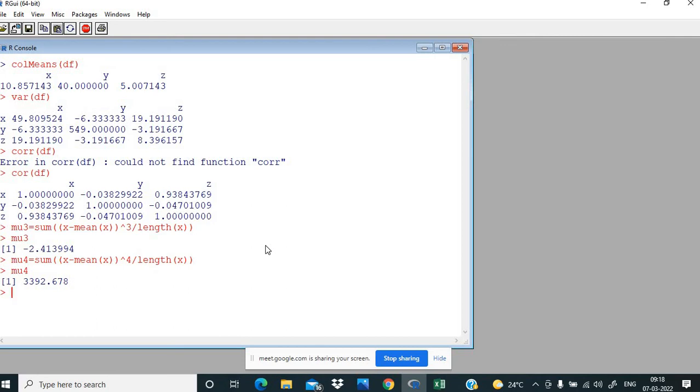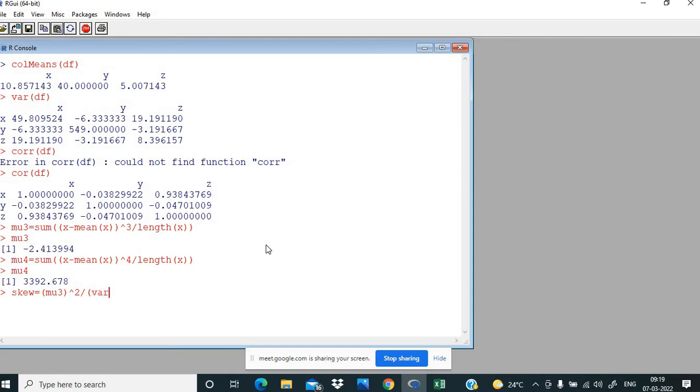Now what is skewness? Skewness is mu3 square by mu2 cube. Mu2 means variance of x. So skewness equals mu3 square. I write mu3 because it is already computed and stored there. Square, by mu2 cubed, where mu2 is the variance of x.